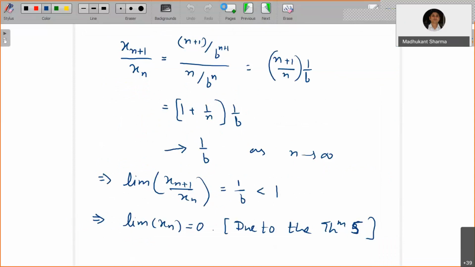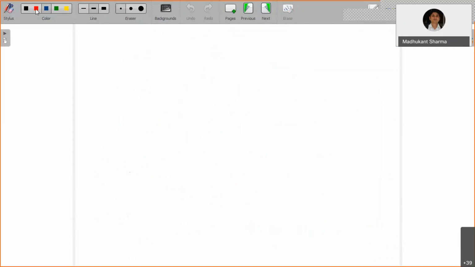So, proof of theorem 5. What is given is that xn is a sequence of positive real numbers for every n.